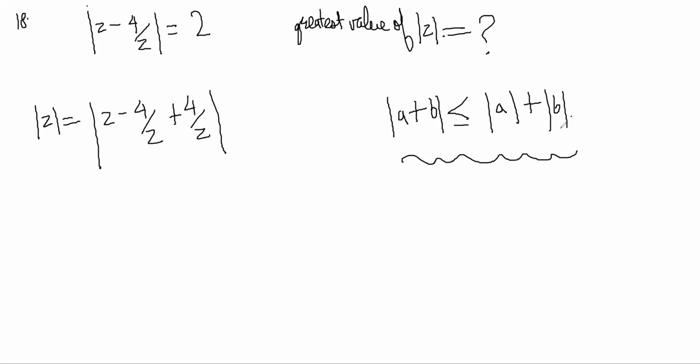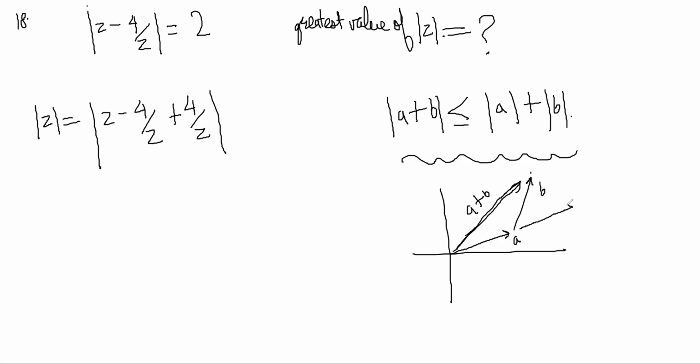Just think of it in terms of two complex numbers. If you add, it's like a vector, no? A vector and b vector. This is your a plus b vector, right? So this is one complex number, this is another complex number, and this adds up to be this. So this mod will always be less than the direct addition like this.